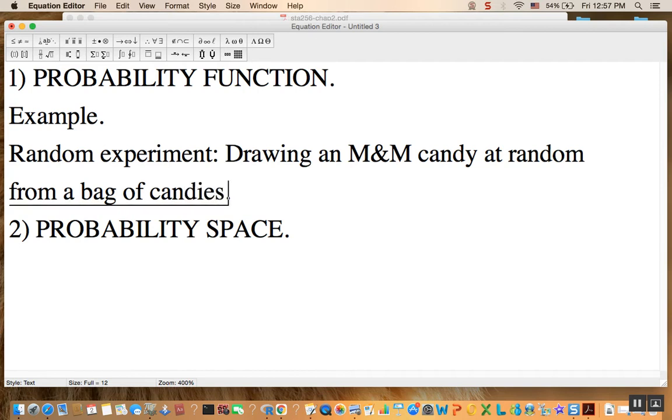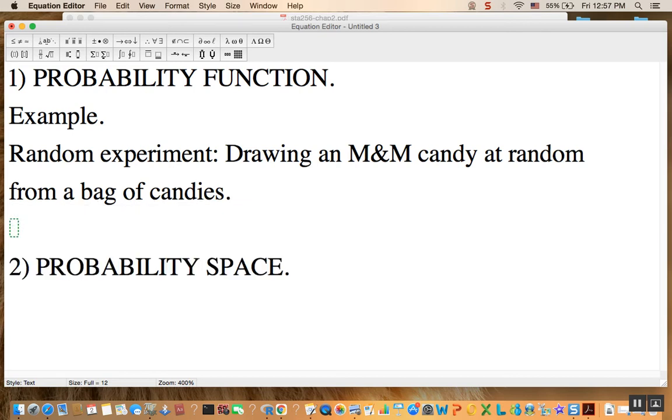Okay? If you have a chance, go to your nearest convenience store, get one of these little bags of M&M candy, and you'll see that they come in one of 7 colors.